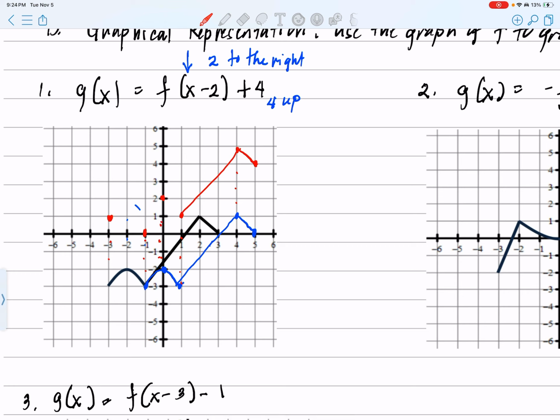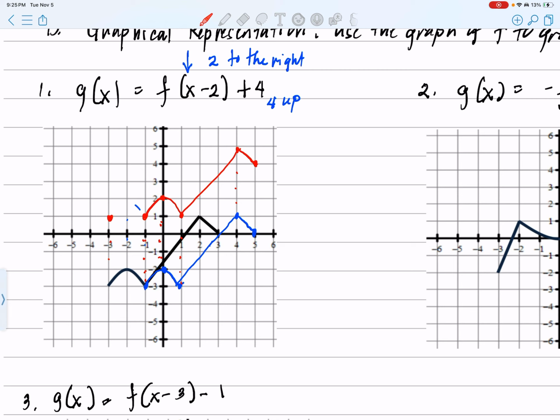And this is 1, 2, 3, 4. It should be here, not this. Right? So it will go that way, this way, and I'll go straight.